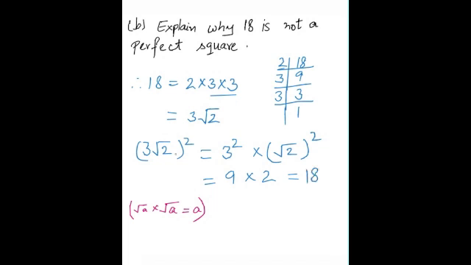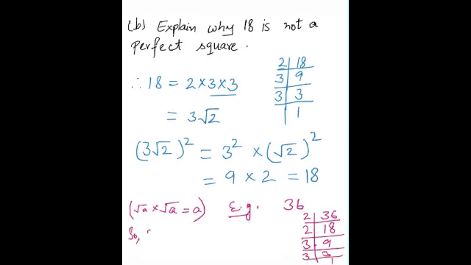So 3 root 2 whole squared is not a perfect square, but we can give an example of one perfect square, which is 36. First of all, factors of 36: start with 2, 18, then 2, 9, then 3 gives you 3, and finally another 3 gives you 1.